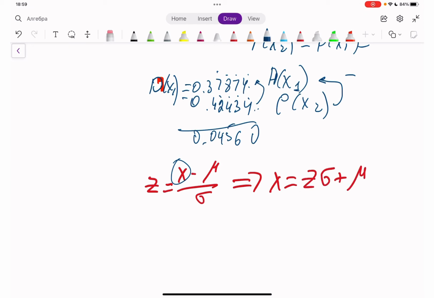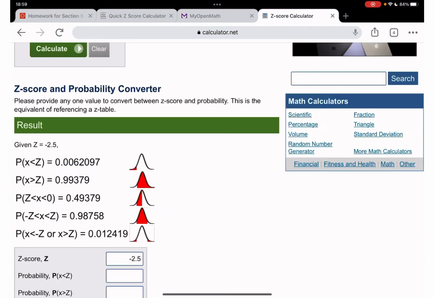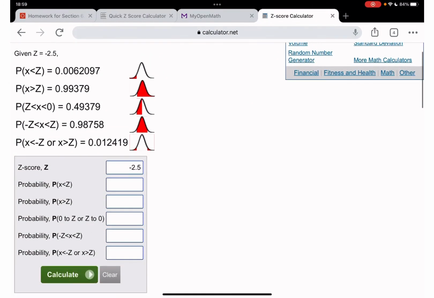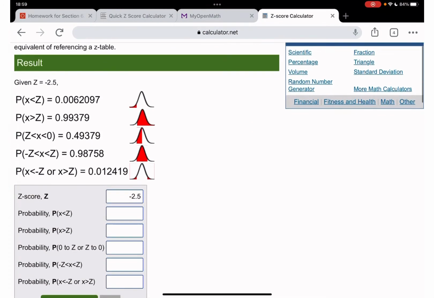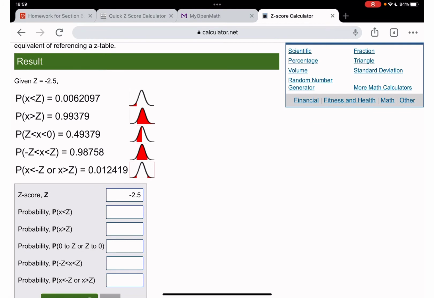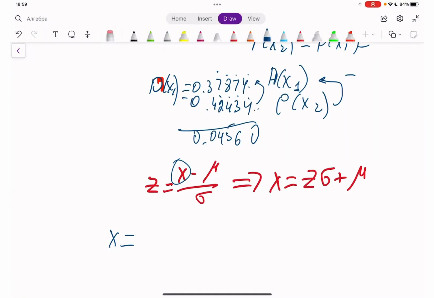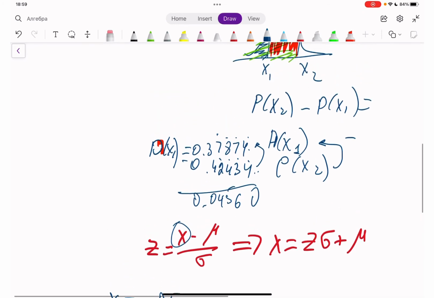So we found z-score is, how much was it? Negative 2.5, okay. So negative 2.5 times, how much was our sigma?